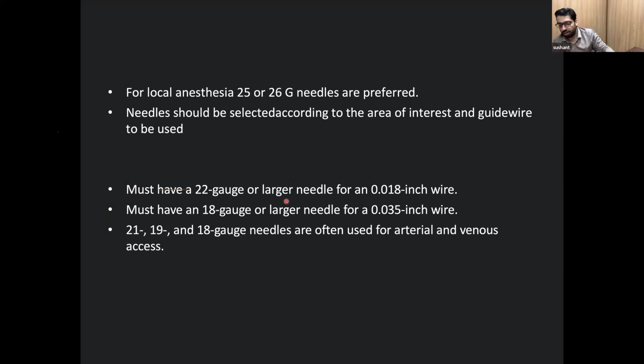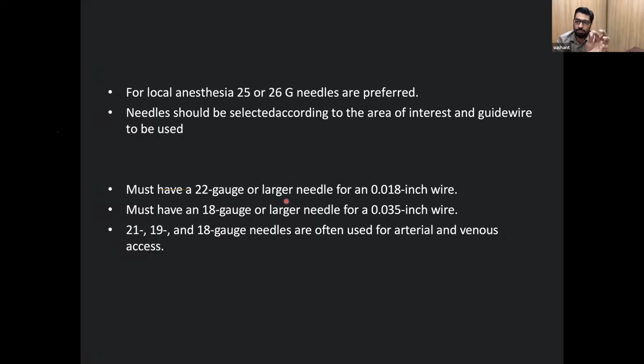But if we have a non-compatible needle, like this, I have a needle which is compatible with a 0.025 wire, and what I have with me is 0.035. So when I try to insert it, it will not go. So again, if I have introduced this needle into an abscess cavity, I want to proceed with the Seldinger technique. I want this guide wire to be placed so that a catheter will be placed over this guide wire.